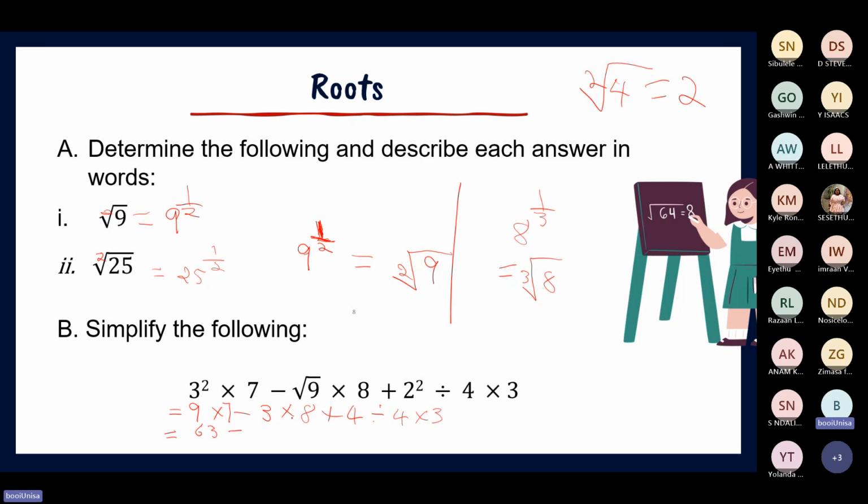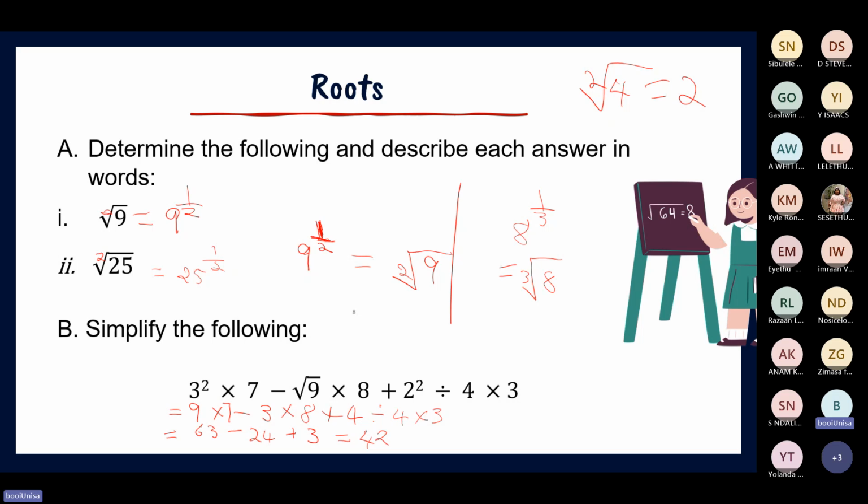Minus 3 times 8, 24. Plus, now we've got a division and multiplication, so we're working from left to right. Doesn't matter. 4 divided by 4 is 1. 1 multiplied by 3 is 3. So we have 63 minus 24 plus 3. The answer is, as seen from the chat, 42.